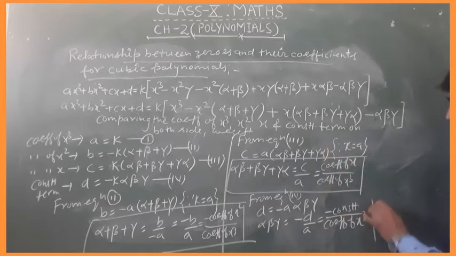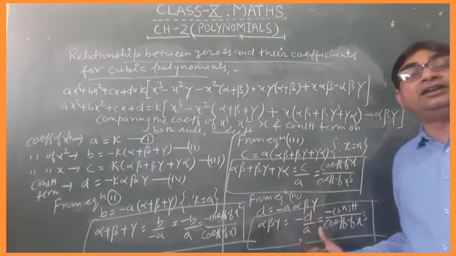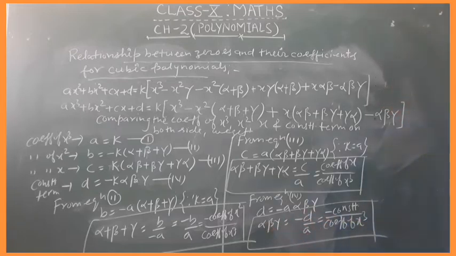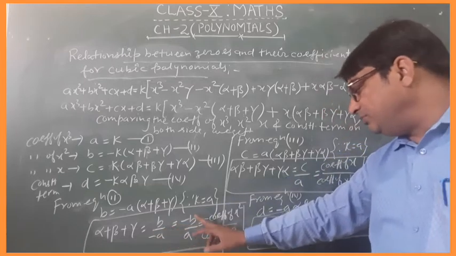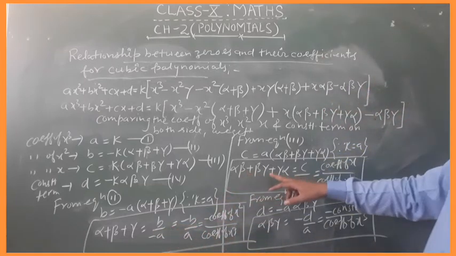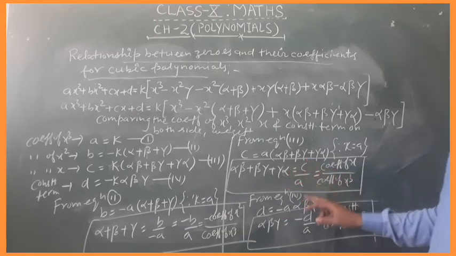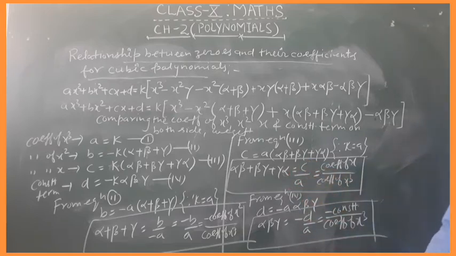So this is the relation between zeros and their coefficients. α + β + γ = −b/a, αβ + βγ + γα = c/a, and αβγ = −d/a.